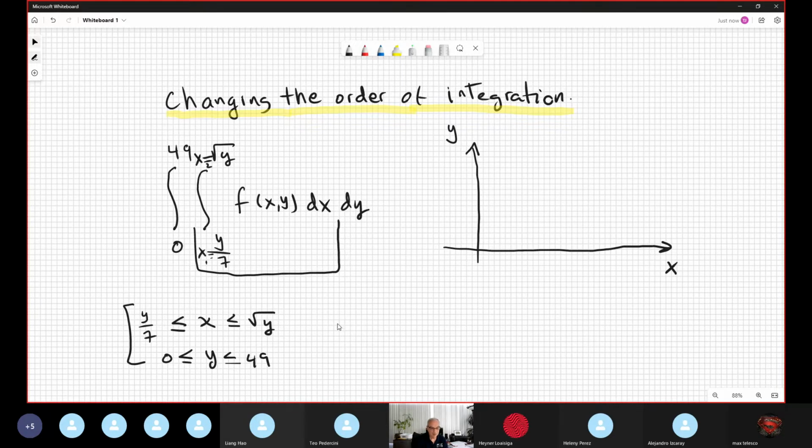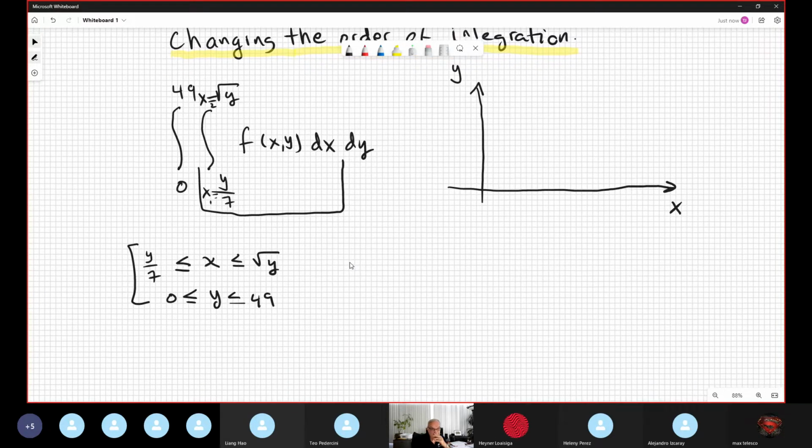So, to understand, I recommend that you take, for example, this inequality that represents the region R, you take this part and convert it to an equation, to see the boundary. So you square both sides.